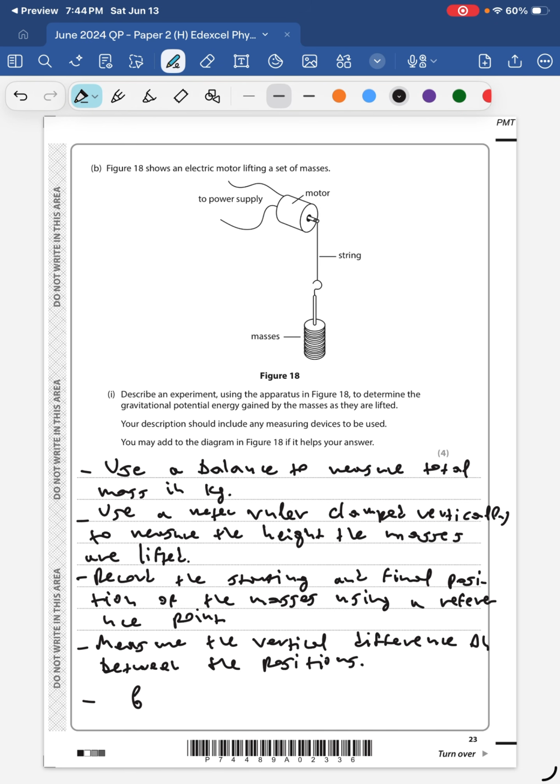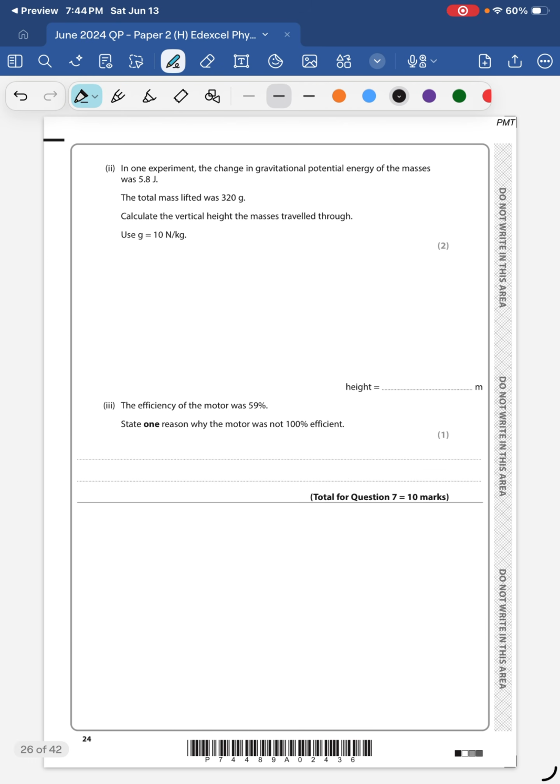Okay, and after you measure everything, GP is mass times G times delta H. G is 10 newtons per kilogram. Okay, moving on.